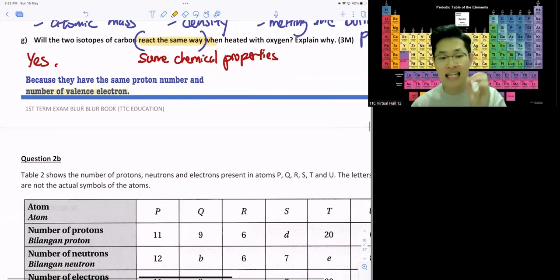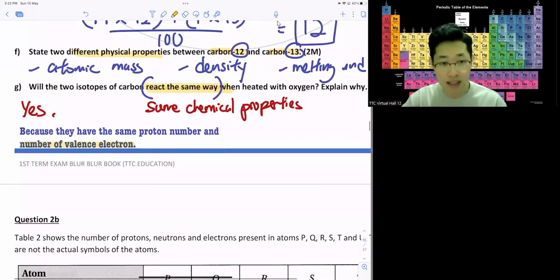Valence electron means the last number. Why do we have to mention the last number? Because the last number is the one that decides the chemical properties.